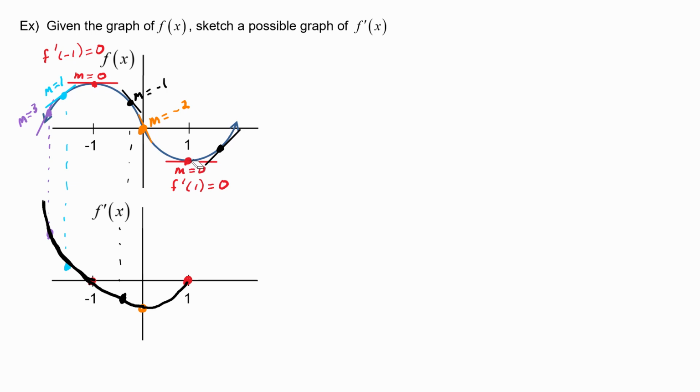So here we know it's 0, and then it's slightly positive, more positive, more positive, more positive. So maybe this slope is approximately 1. So we know that means on the graph of f prime, the y value would have to be 1.